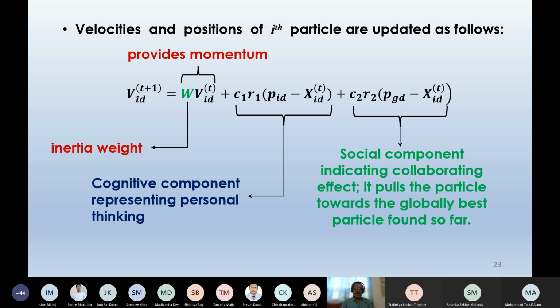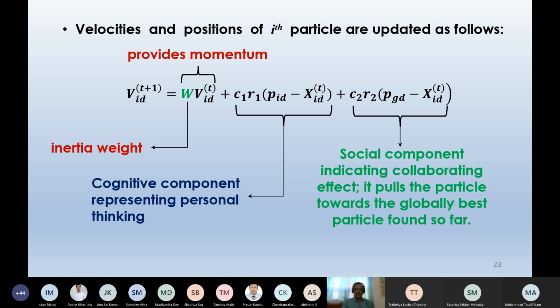Now this Vid, that is the velocity of the ith particle, and I'm concentrating on the dth dimension corresponding to the t plus 1th iteration, is nothing but w multiplied by Vid corresponding to t, plus C1 R1 (Pid minus Xid at t), plus C2 R2 (Pgd minus Xid at t).